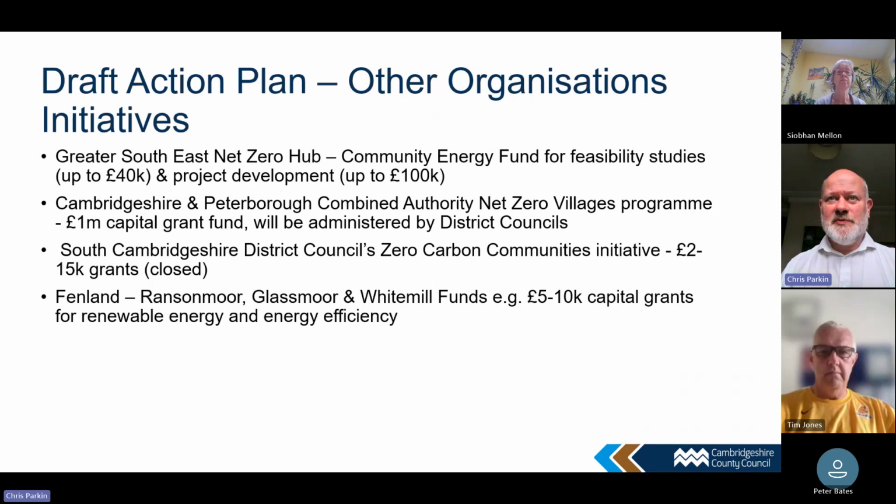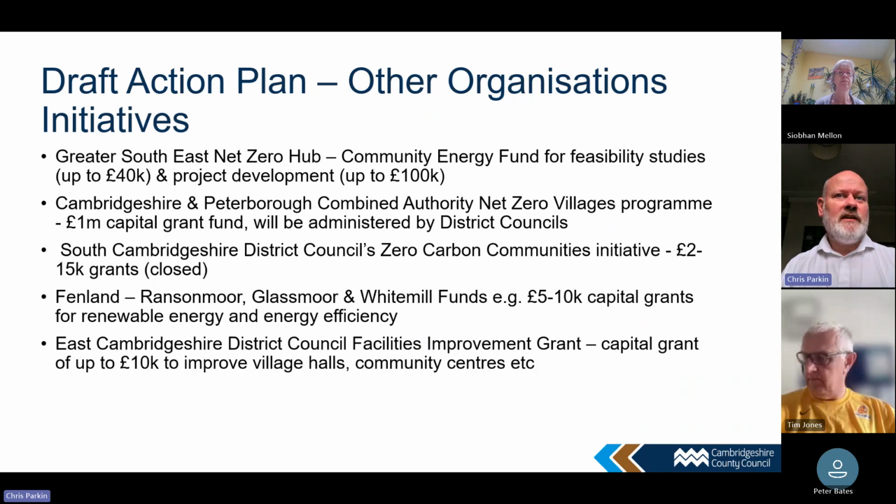They're in Ransonmoor, Glassmoor and Whitemill, and they are capital grants typically of up to around £10,000, and they are specifically for renewable energy and energy efficiency works. And then East Cambs has a facilities improvement grant, which can provide up to £10,000 for projects to improve village halls and community centres. So that could potentially be a source of funding towards rooftop solar PV installations, for example.